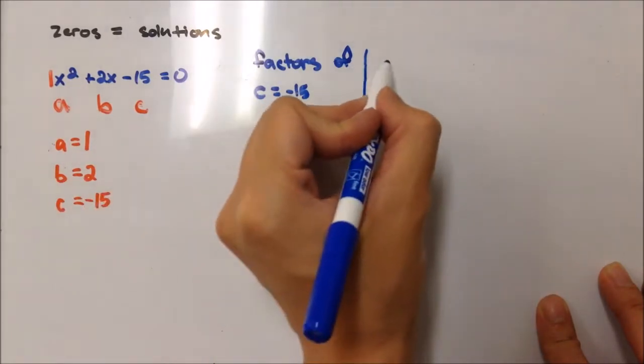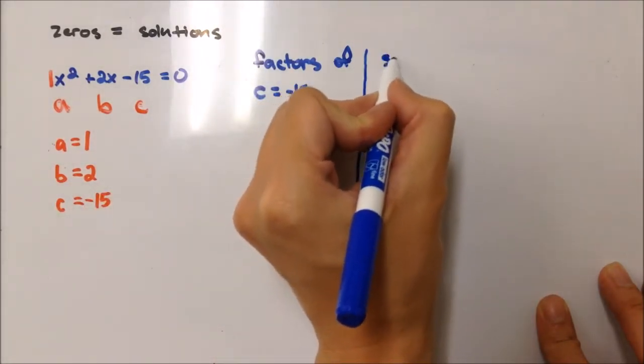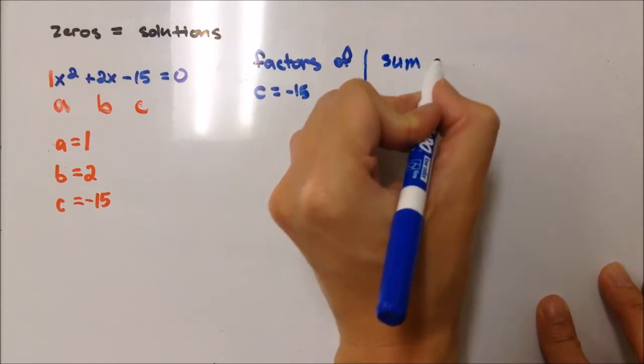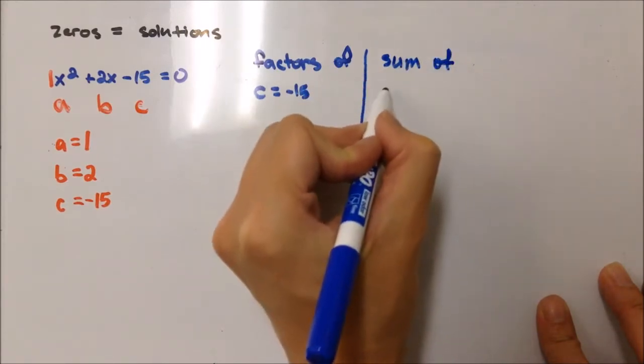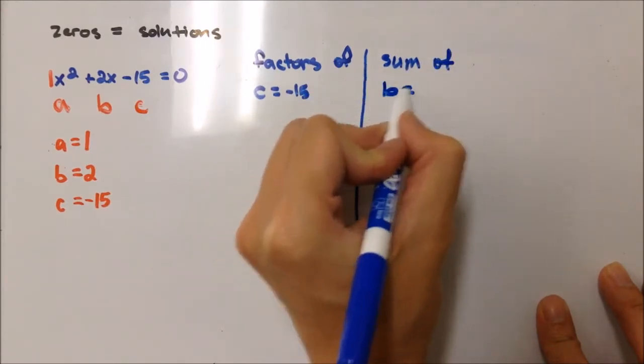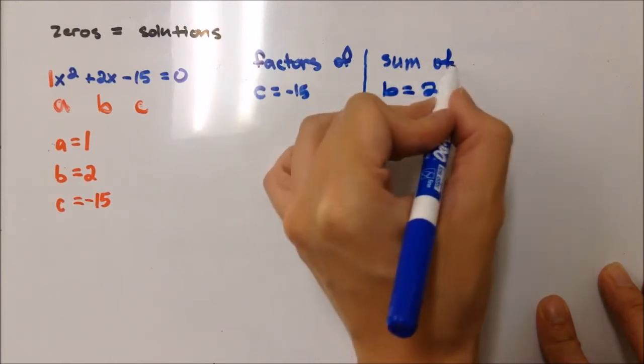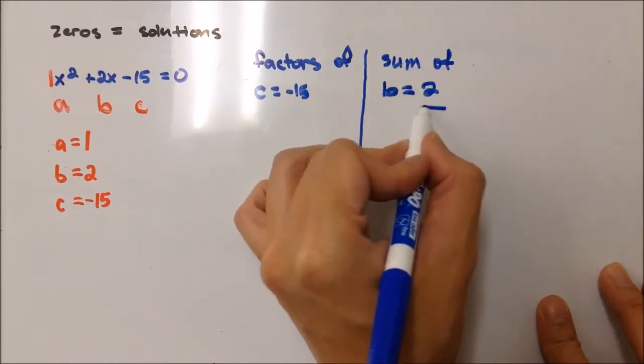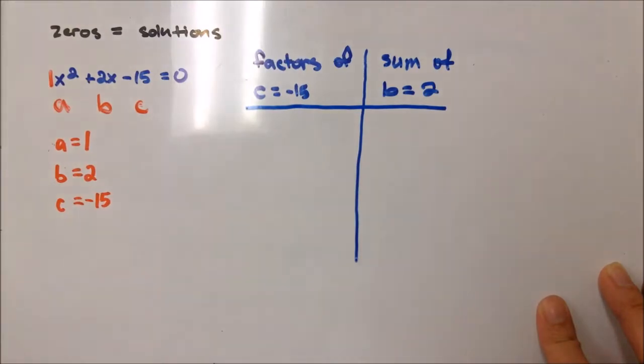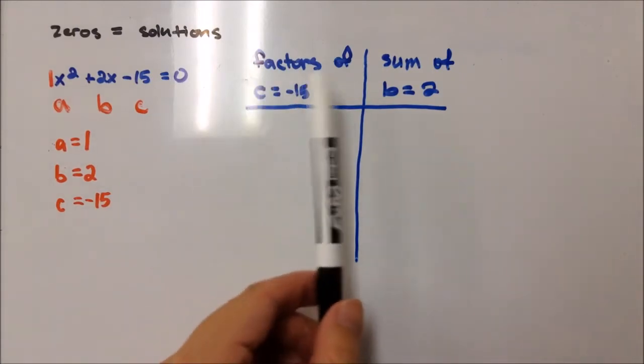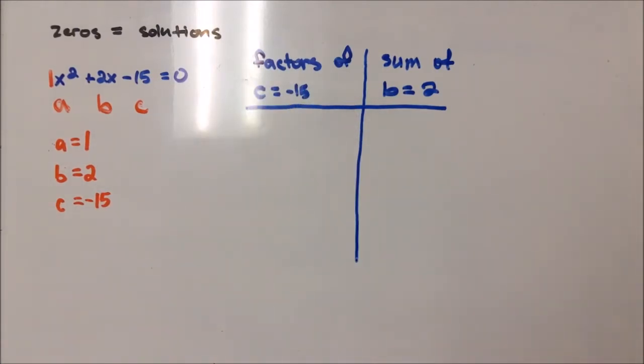Then on the other side, it's sum of B, which is 2. So that means sum of factors for B. So what we're going to do is determine factors for negative 15.